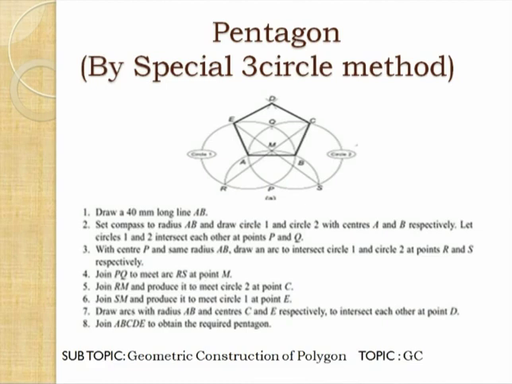You take center P and with the same radius AB, you draw another circle which will intersect circle 1 at point R and circle 2 at point S. Now you join P with Q that will intersect the arc RS at point M. Then you join R with point M and extend RM, so you will get point C at the intersection with circle 2.